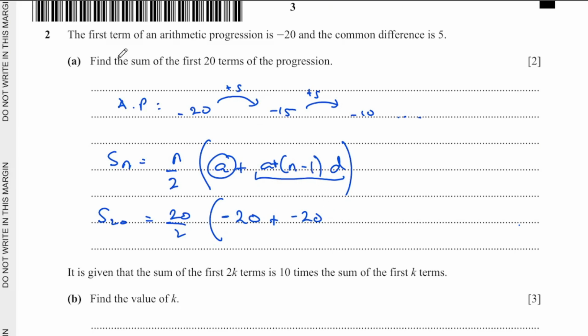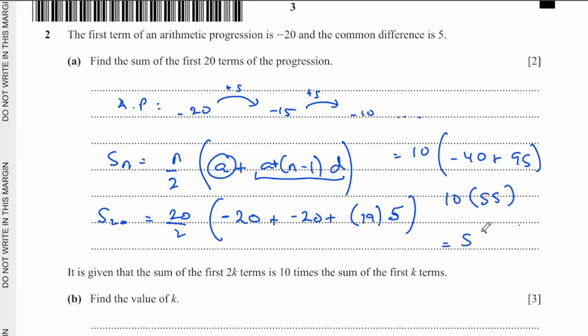My mistake. So plus 20 minus 1, which is 19, times d, which is 5. So equals 10, open bracket, negative 40 plus 19 times 5, which is just 95. And 95 minus 40 is 55, and multiplied by 10 gives you 550. So that's your sum of the first 20 terms.